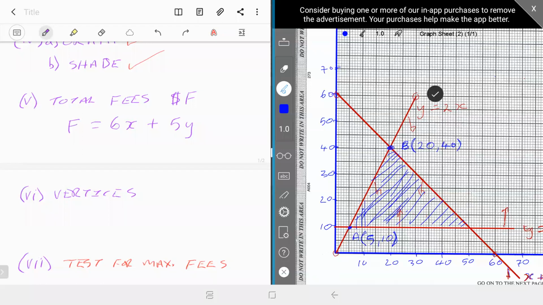And then this one down here is C right here, and that is 50, 10. Point C is 50, 10.